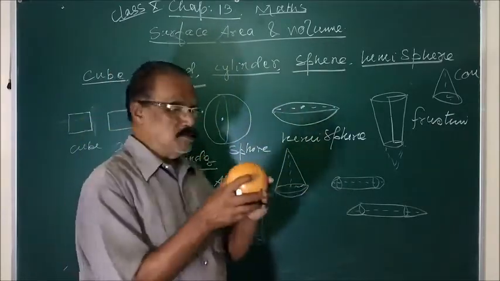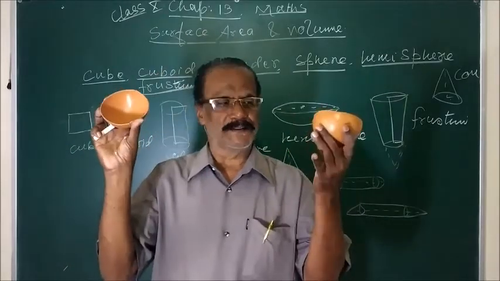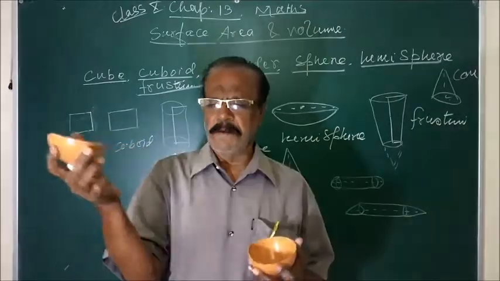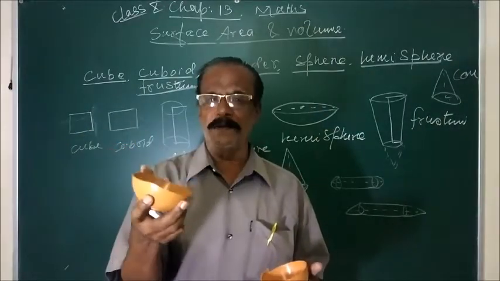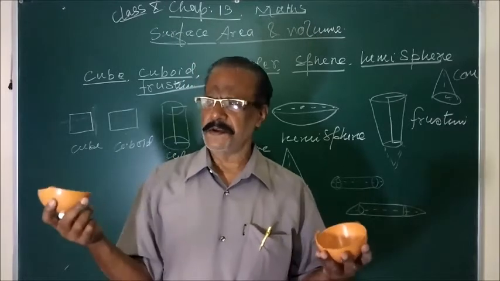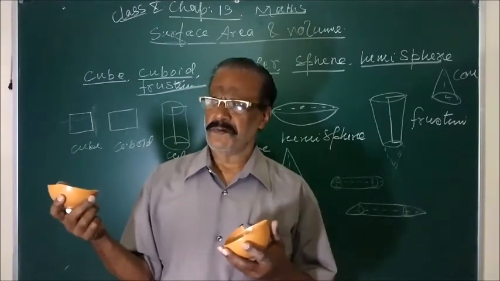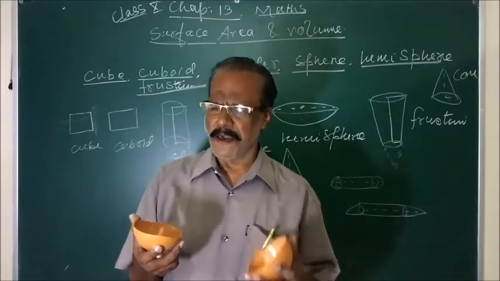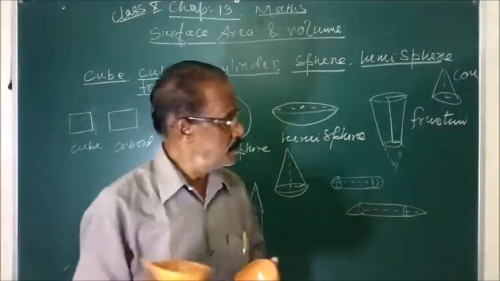And now you see these are two hemispheres. If you have to find the curved surface area of a hemisphere, it is very easy: take half of the curved surface area of the sphere.